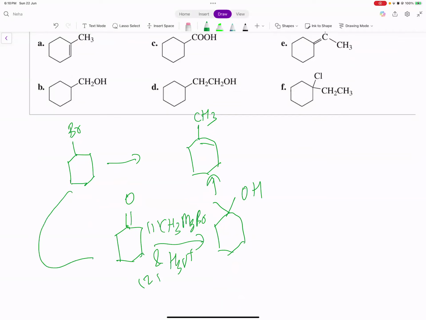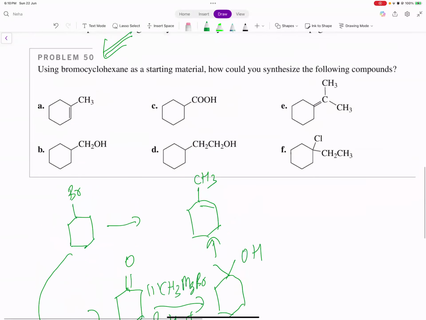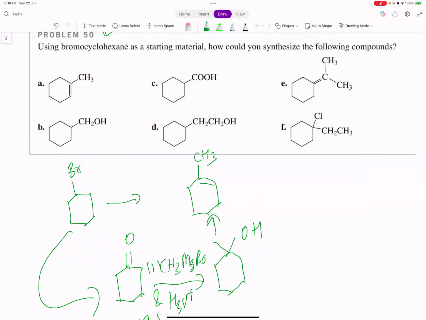Now from this to this we have to come. So how do we approach this? This ketone must have been an alcohol first.